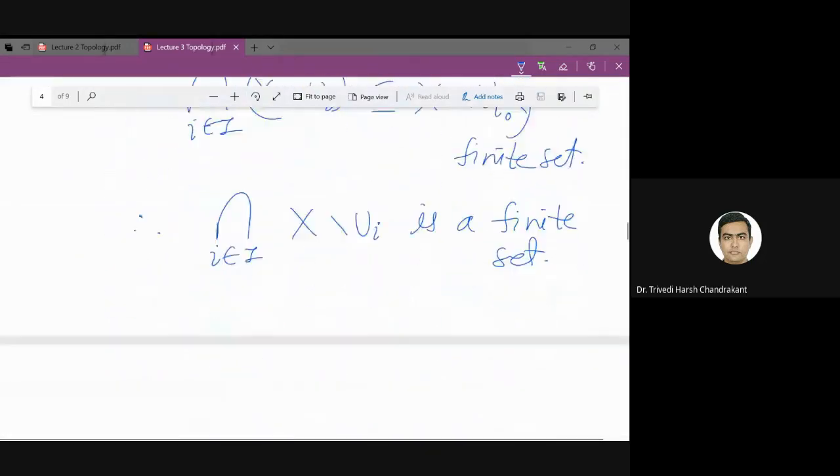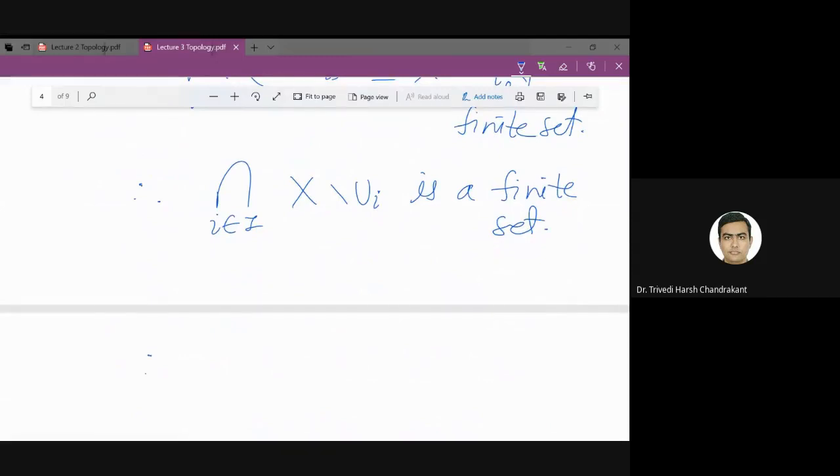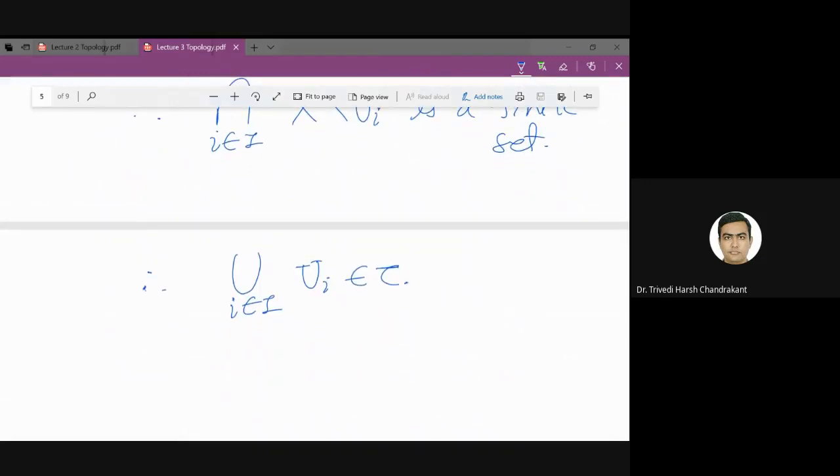So that means the arbitrary union is an element of tau. Right, so this is the third property we have proved.